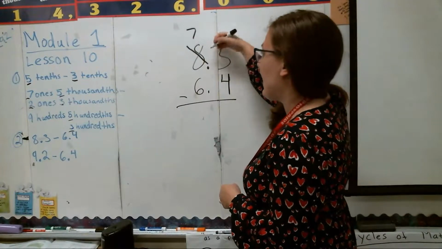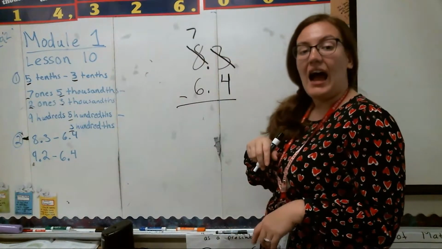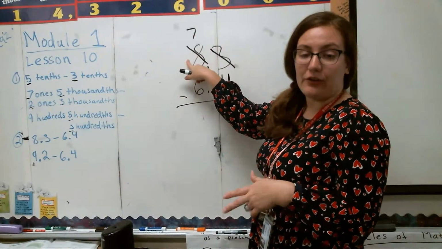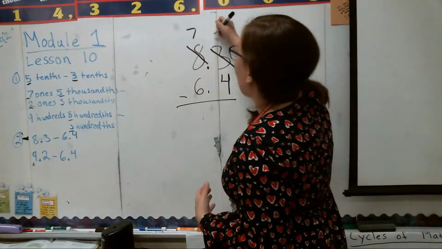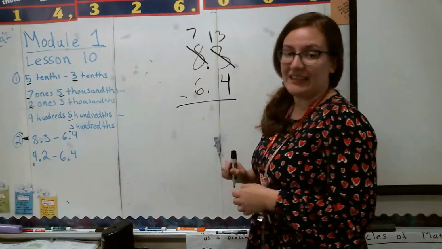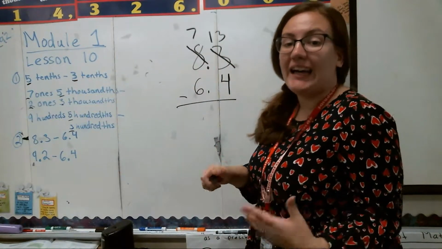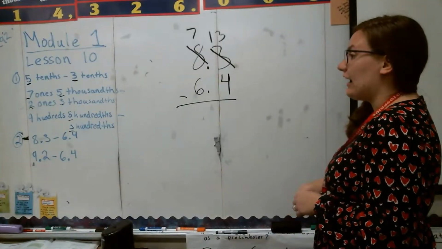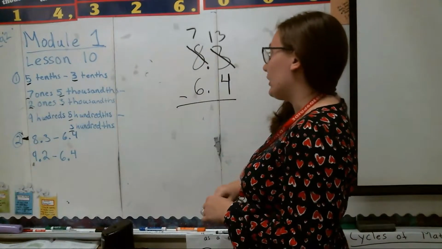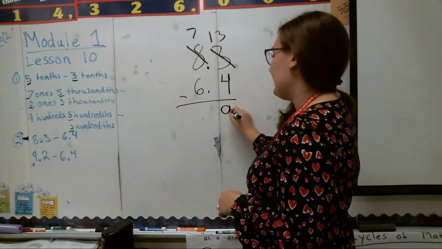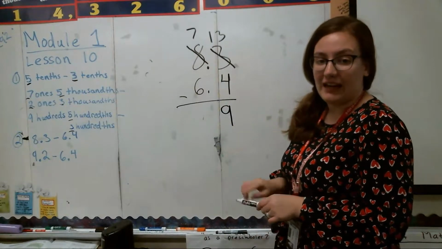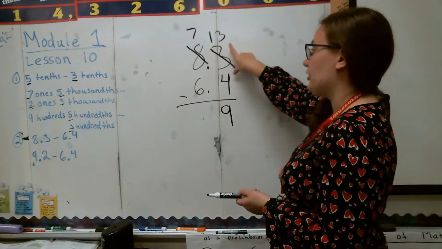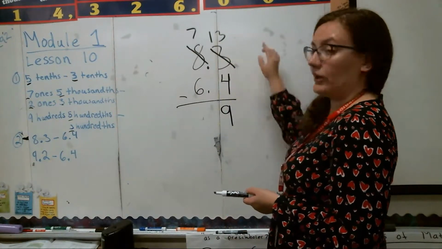So instead of just having 3 tenths, I now have those 3 tenths plus the 10 tenths that I just borrowed, that 1 whole, and that leaves me with 13 tenths. And now I can do 13 minus 4, which leaves me with 9 tenths, and I will leave that number right here. And if you're having a hard time with subtraction, you could always think of 4 plus what equals 13.